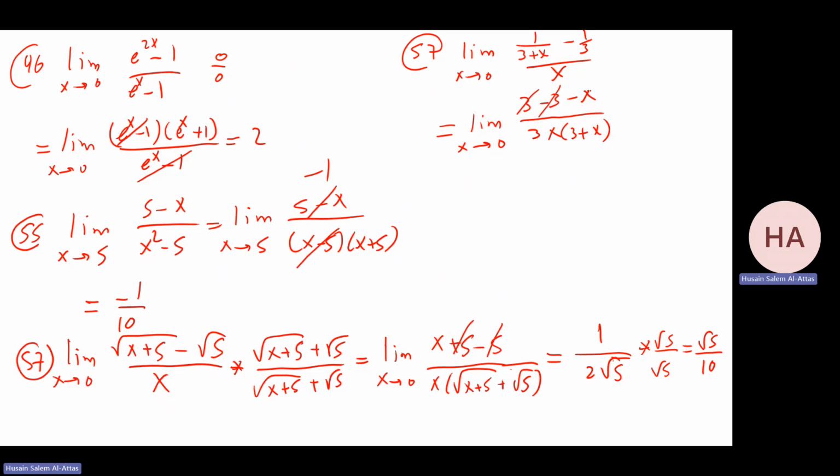This is cancelled. Also, you can cancel x, so that will be limit as x goes to 0 of minus x over 3x(3 plus x). You can cancel x with x. Substitute now. You will get minus 1 over 9, since this is 3 plus 0 times 3. So it's minus 1 over 9.